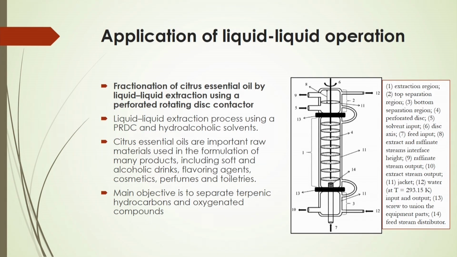Now, if we consider the liquid operation, that is also one type of multi-phase flow operation. If you want to extract some unwanted components from a liquid by another liquid, that will be your liquid operation. Like one example, citrus essential oil is being fractionated, or the unwanted components from this essential oil can be removed by liquid extraction.